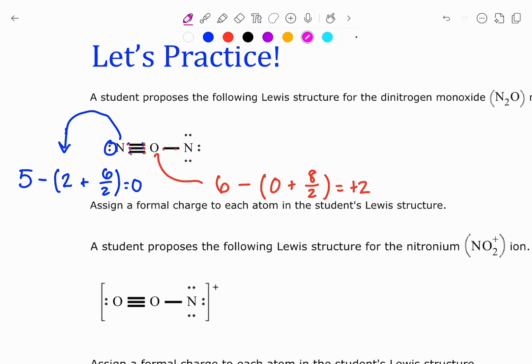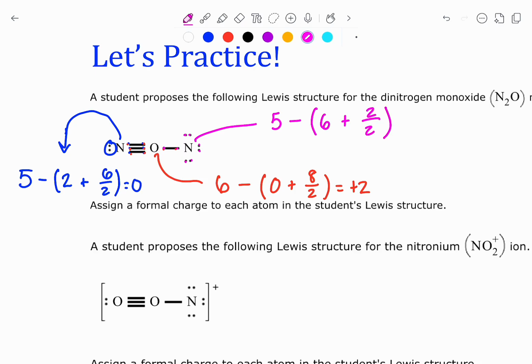Finally, we can do this last nitrogen. Nitrogen has 5 valence electrons. Let's subtract our associated. Let's see, I have 1, 2, 3, 4, 5, 6 electrons in lone pairs, and I have 2 electrons that are in bonds. You divide that by 2.